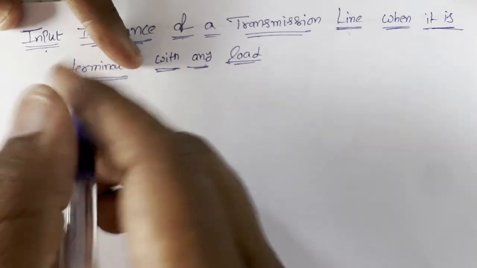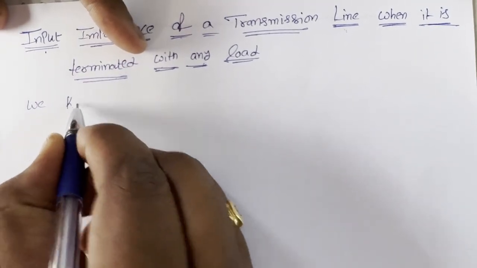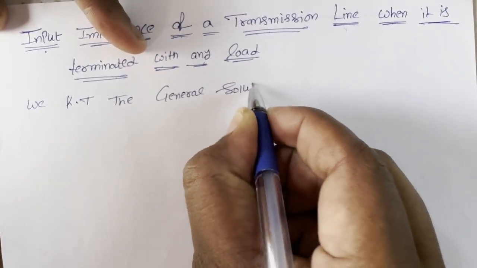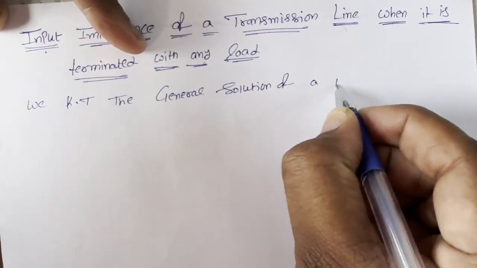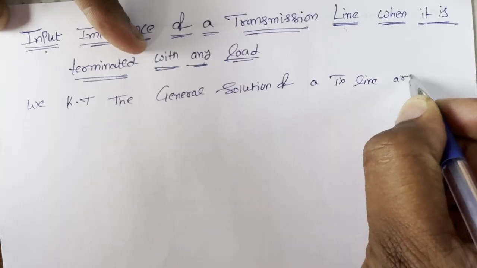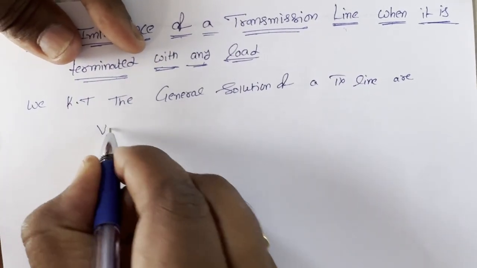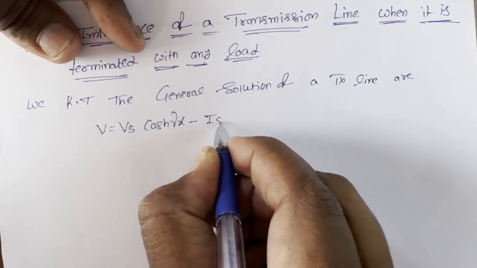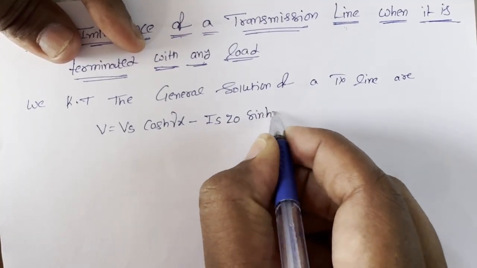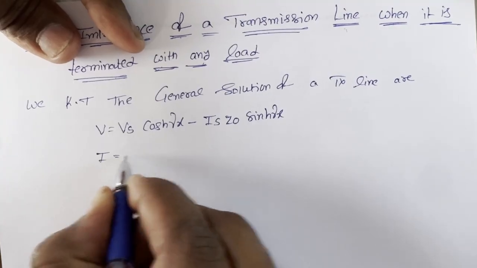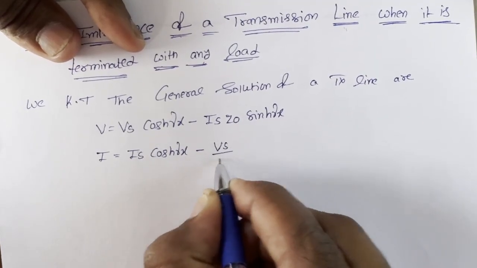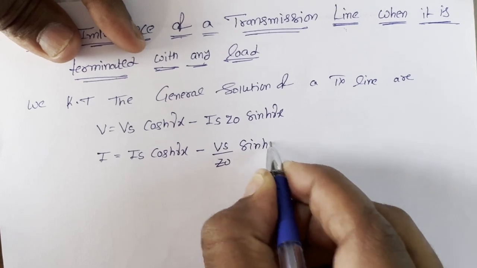We know that the general solution of a transmission line is: the first equation is V equal to Vs cosh gamma x minus Is Z naught sinh gamma x, and I equal to Is cosh gamma x minus Vs by Z naught sinh gamma x.